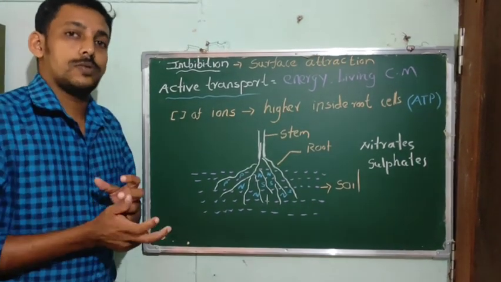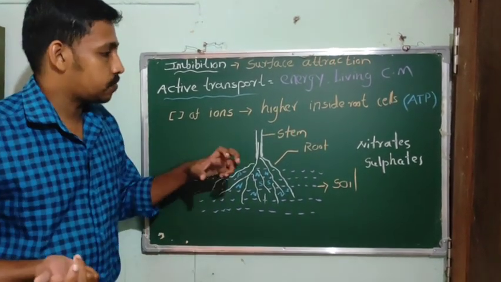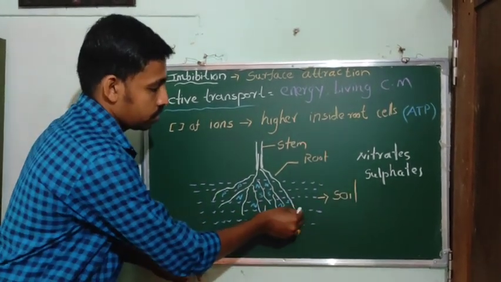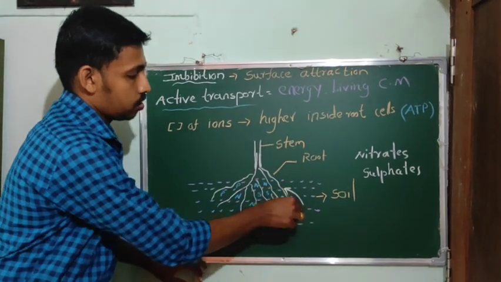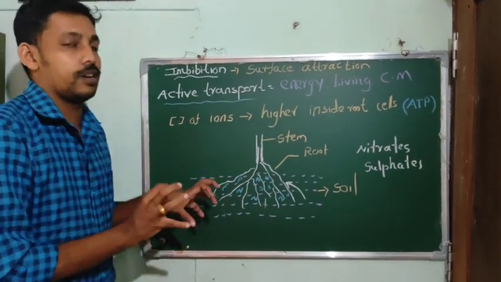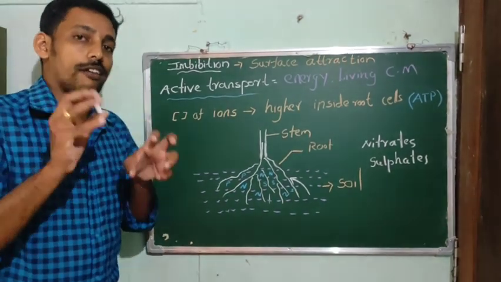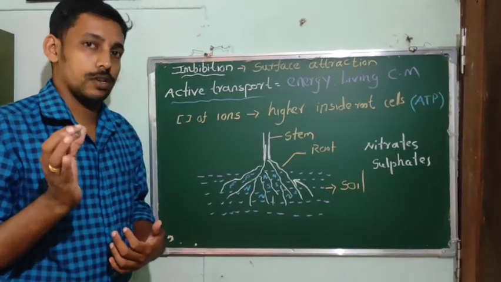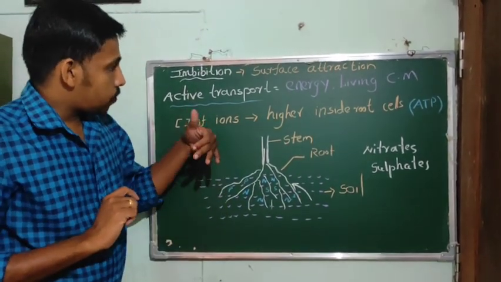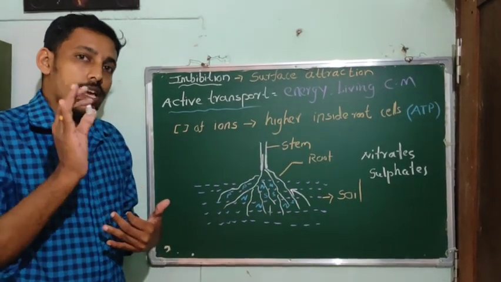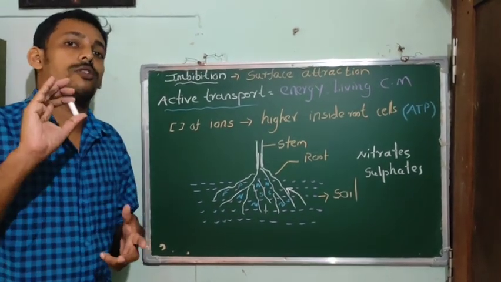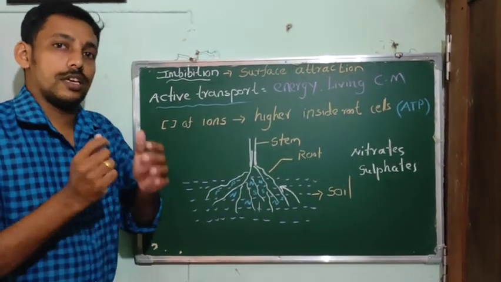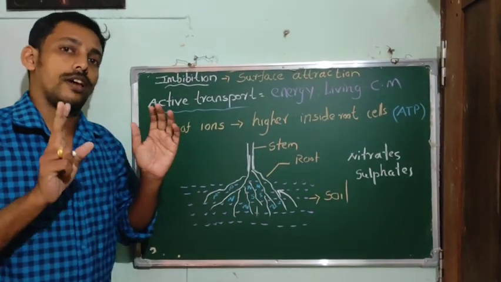So this absorption takes place against the concentration gradient, that means from the region of lower concentration to the region of higher concentration. This transport needs energy in the form of ATP molecules, adenosine triphosphate. The main difference between active and passive transport is the requirement of energy. In active transport, energy is needed, but in passive transport, there is no need of energy.